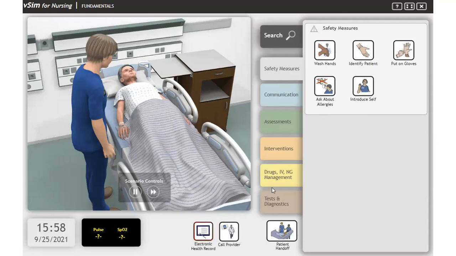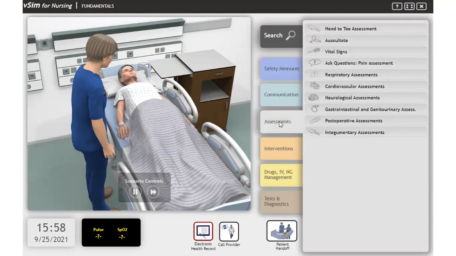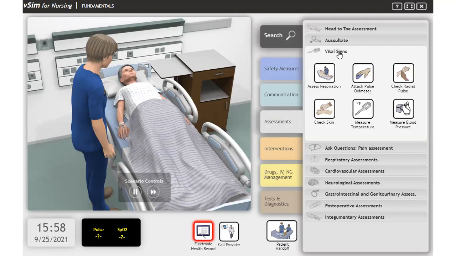After this, you can go to interventions or assessments. Okay, we're going to go to assessments first, and vital signs. I'm going to take your temperature.